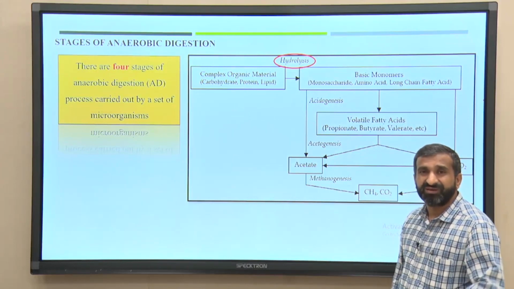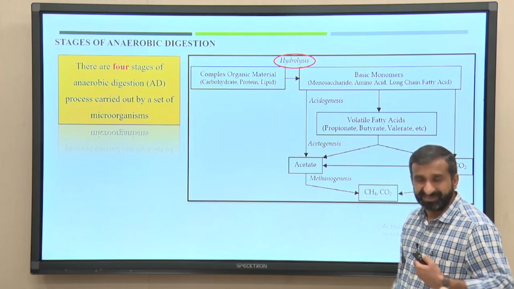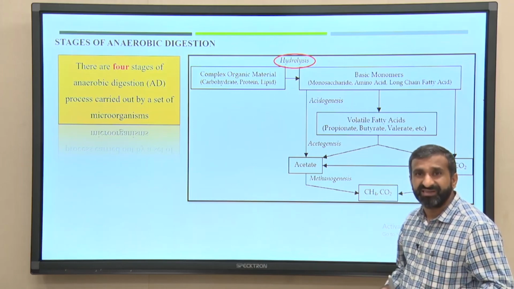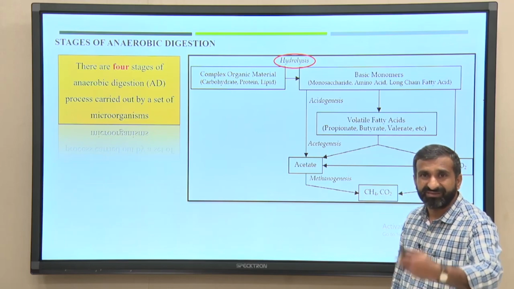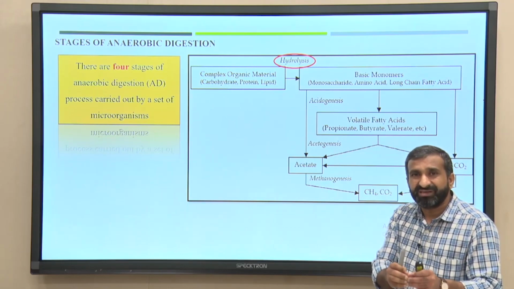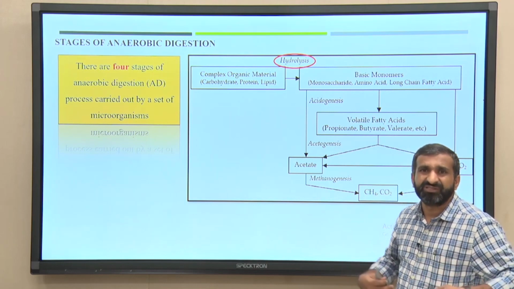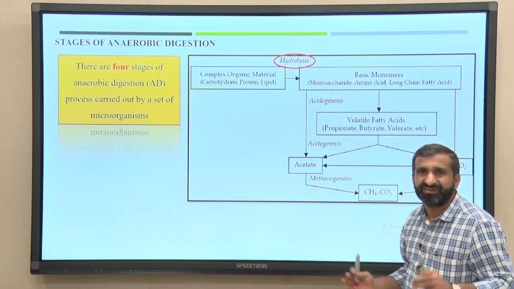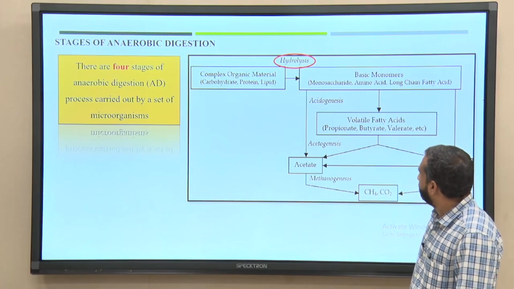Because humans can't digest that substrate very easily. If we cook, we hydrolyze it and convert the food into very simple material which is very easy for humans to digest.